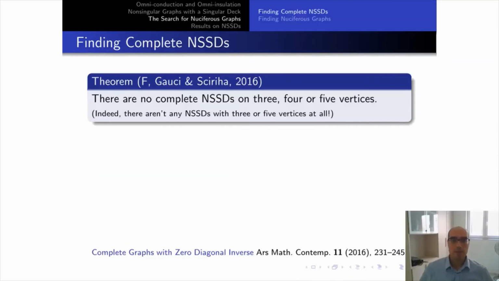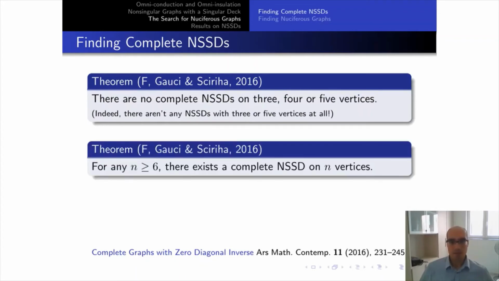The first result: there are no complete NSSDs on 3, 4, or 5 vertices. In fact, there aren't any NSSDs at all with 3 or 5 vertices. But we do have NSSDs that are complete for any n at least 6, where n is the number of vertices.